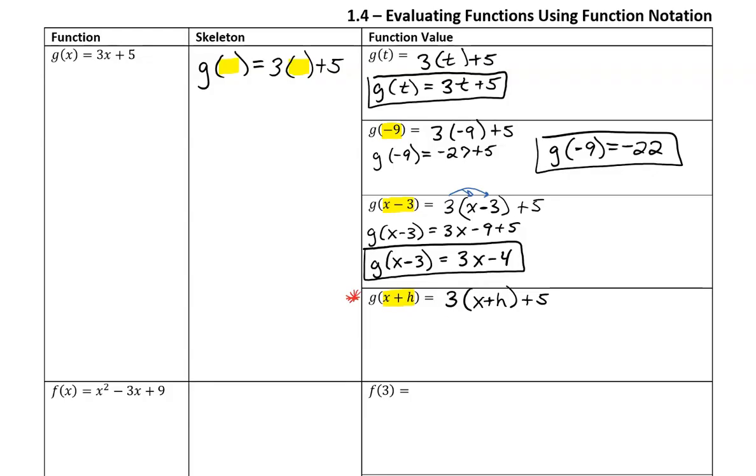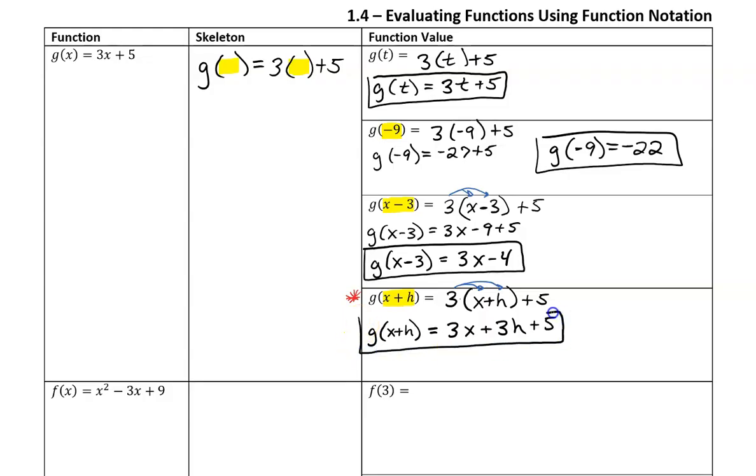After I have that plugged in, I'm going to simplify a little bit. Let's get rid of those parentheses. So I'm going to have g of x plus h, this new value that we found by doing the evaluation, is going to equal 3x plus 3h plus 5.